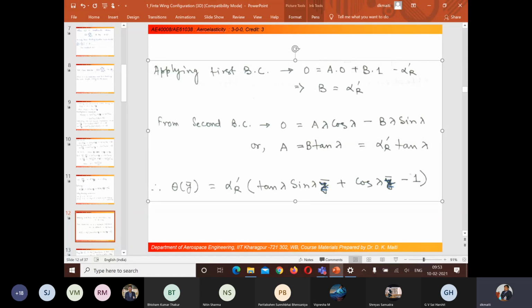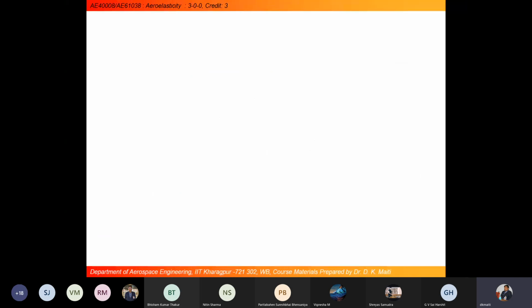Then, substituting values of y bar, let us say 0.01, 0.02, and so on, I can get the theta distribution over the span. Here, for the configuration I have taken, you will get a theta distribution something like this.